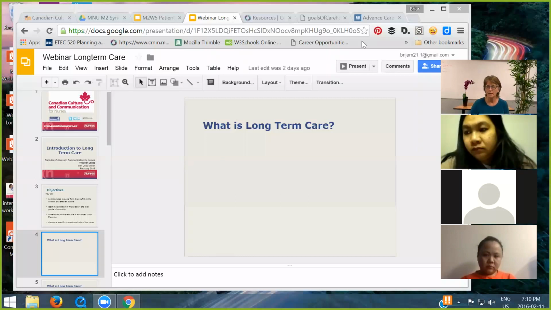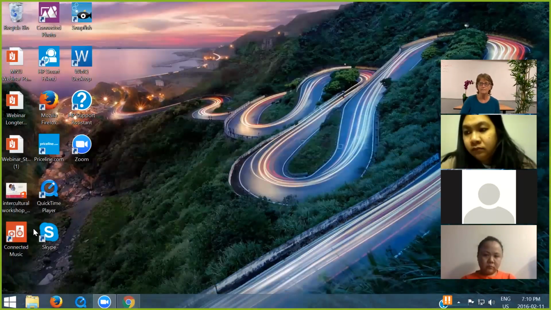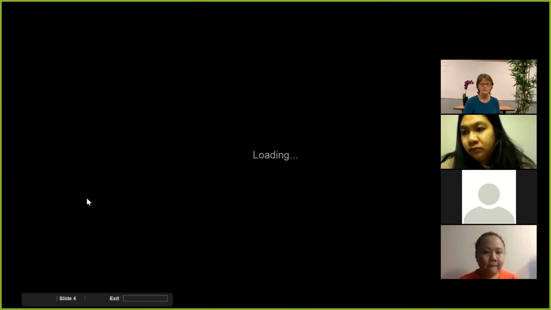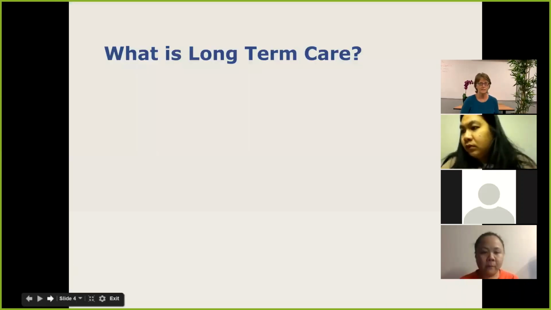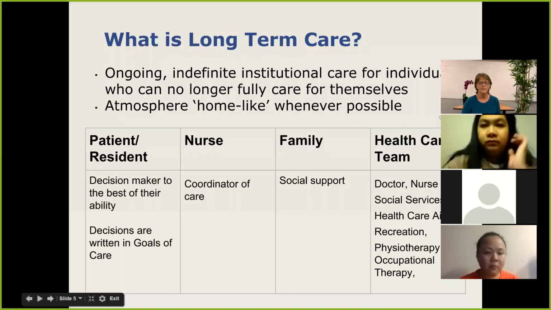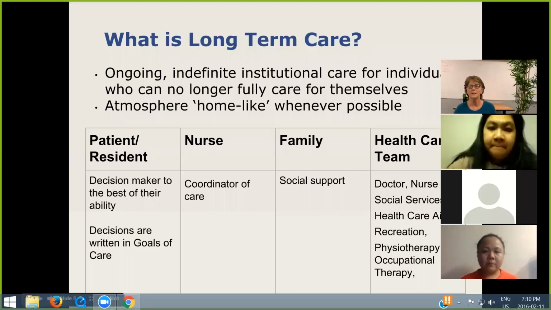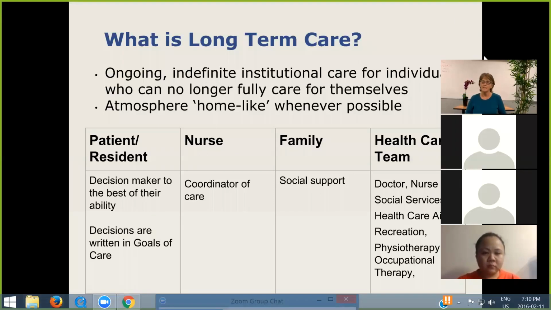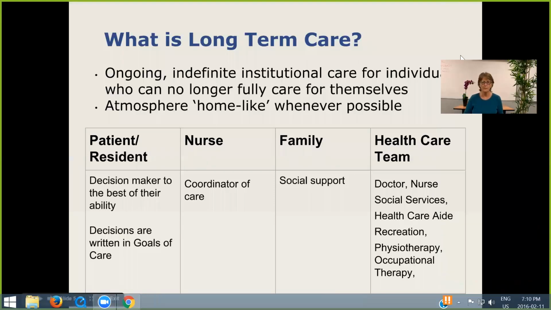And here is my slide of what long-term care is. The definition that I have is that long-term care is ongoing, indefinite institutional care for individuals who can no longer fully care for themselves. And I think that word fully is important.